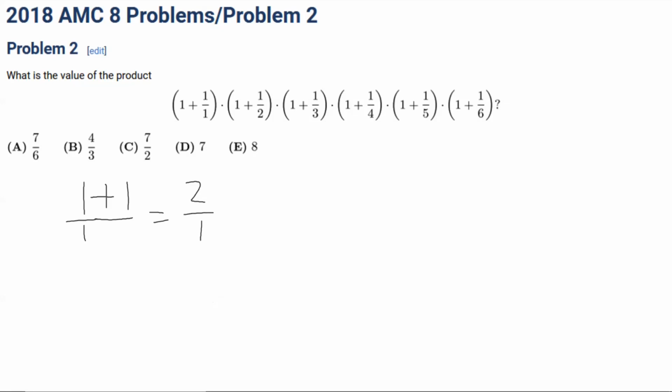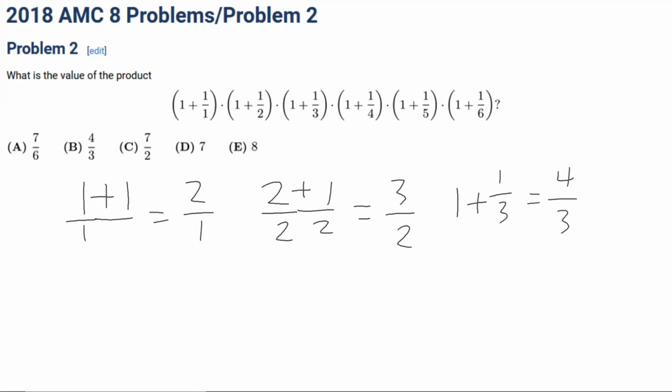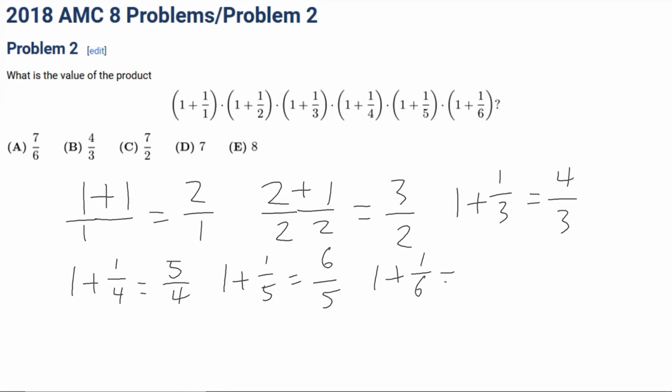And if you convert 1 to 2 over 2, and plus another 1 over 2, then you get 3 over 2. And similarly, 1 plus 1 over 3 is equal to 4 over 3. 1 plus 1 over 4 is equal to 5 over 4. 1 plus 1 over 5 is equal to 6 over 5. And 1 plus 1 over 6 is equal to 7 over 6.